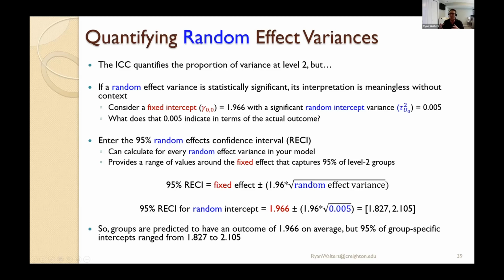So we've taken that random intercept variance, thinking back to the pictures where the group means are actually scattered around that fixed intercept. We're actually quantifying where 95% of those group means are. So we've taken this 0.005 and moved it onto our disability scale.